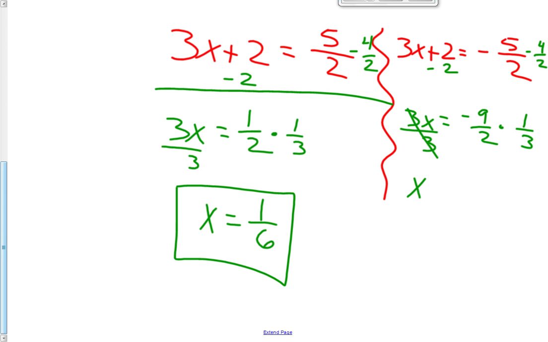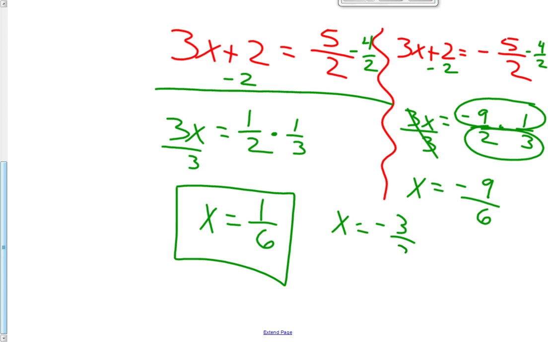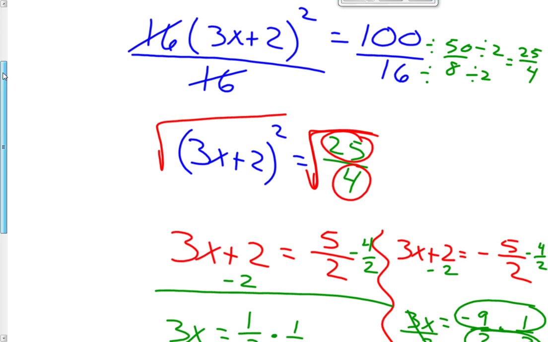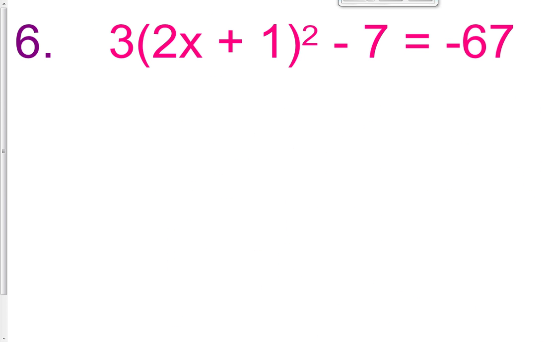And we're going to get x equals a negative 9/6. Negative 9 times 1 is a negative 9. 2 times 3 is 6. And a negative 9/6 is the same thing as x equals a negative 3 halves. Two answers. One is 1/6 and the other is a negative 3 halves. There's the correct answer for question number 5.